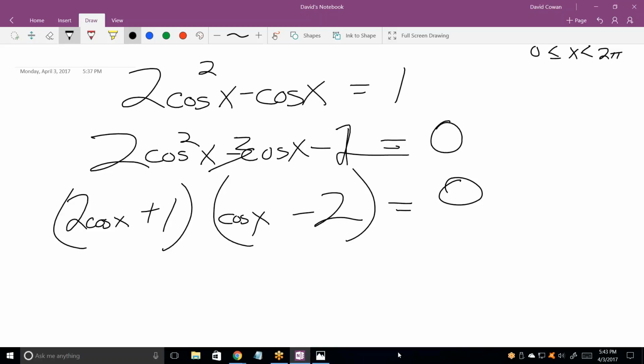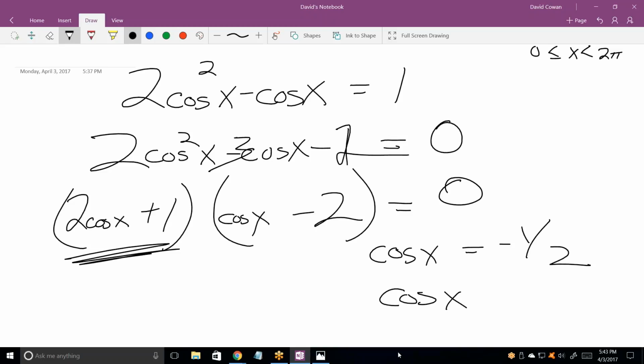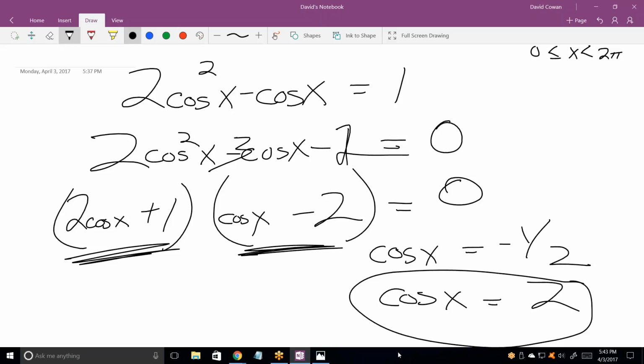Now we would still have cosine of x equal -1/2 for this part. But then we would have cosine of x equal 2 for this part. Well, where does that happen? Wouldn't that be at like two pi? At never. That's where. Cosine x cannot be greater than 1 or less than -1.